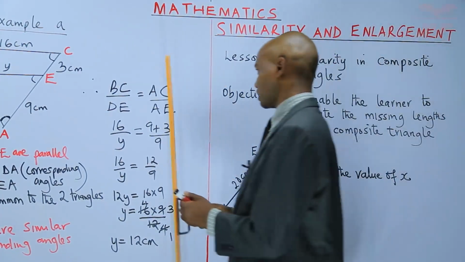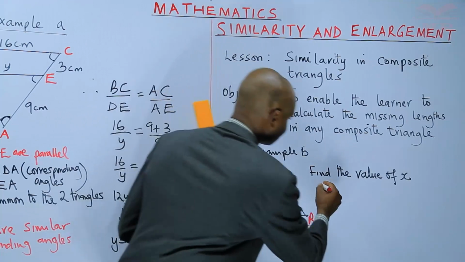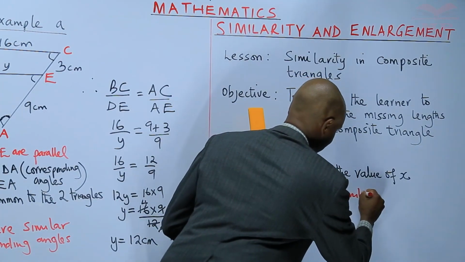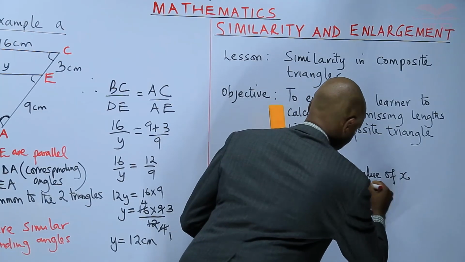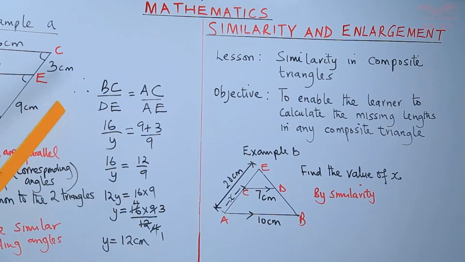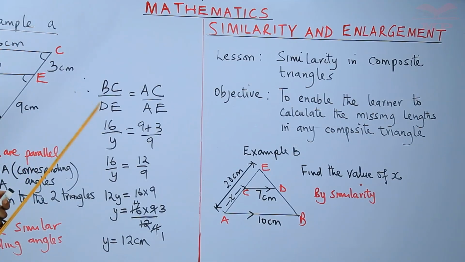So by similarity, I want to go to the ratios of the corresponding sides.